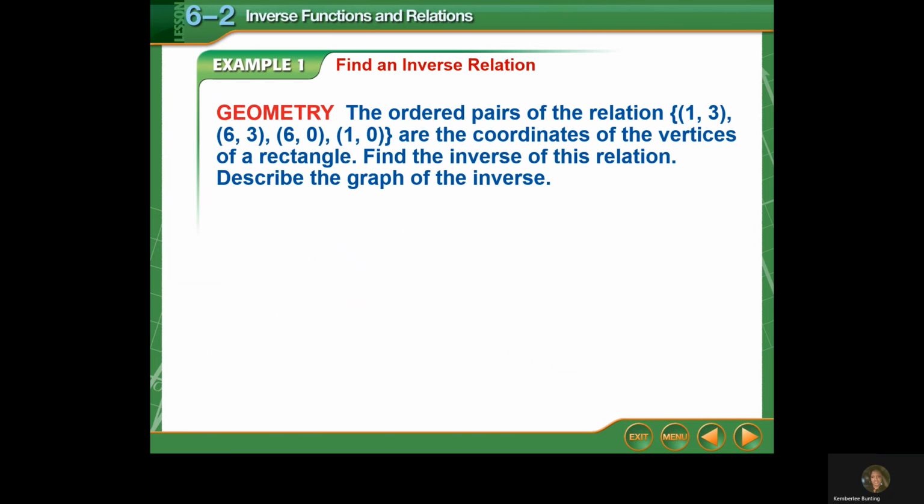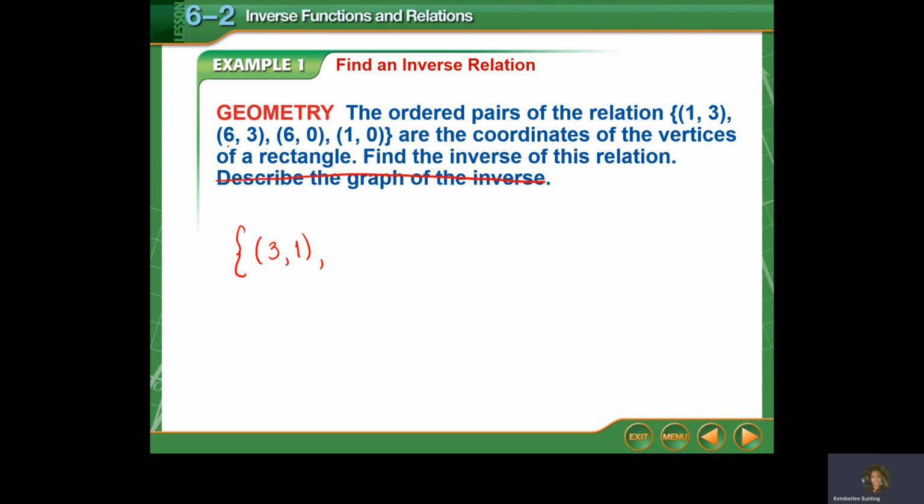Move forward. So look at this situation, young people. Real quick, we're not going to belabor the point, but the ordered pairs of the following relation, (1, 3), (6, 3), (6, 0), (1, 0), are the coordinates of the vertices of a rectangle. Find the inverse of this relation. We won't be graphing. Well, young people, if I began with (1, 3) in my inverse set, it is going to become what? (3, 1).